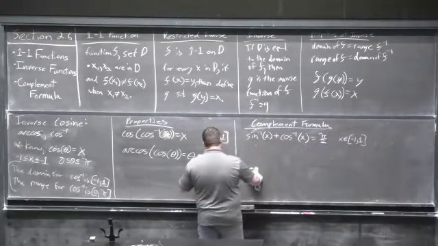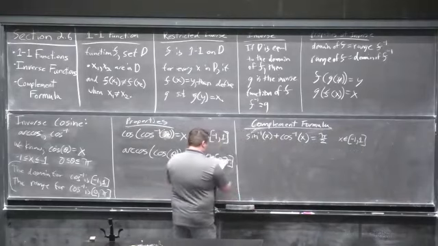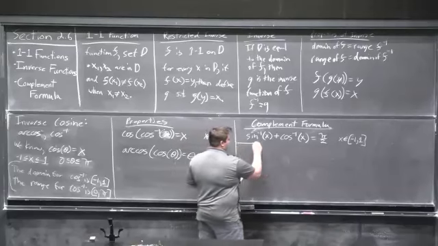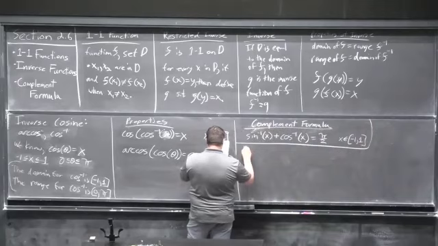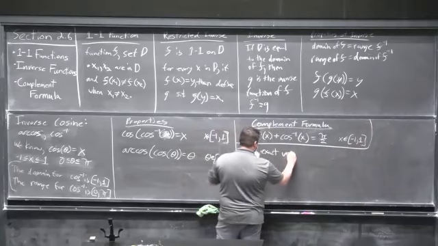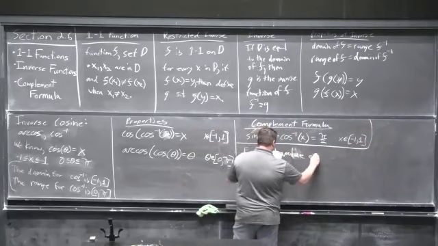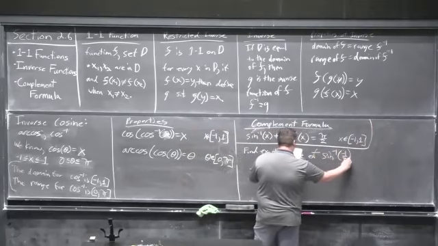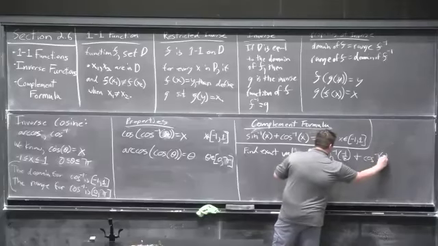Well, it allows us to answer questions like this. We want to find the exact value of the following: find the exact value of sine inverse of -1/2 and cosine inverse of -1/2.